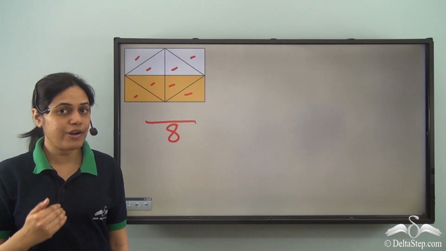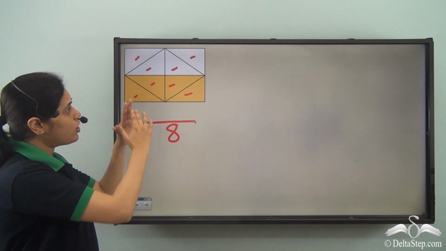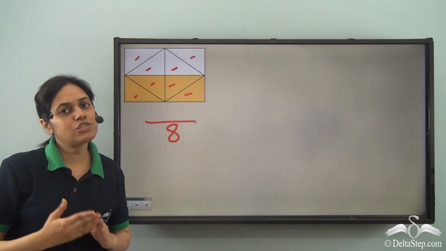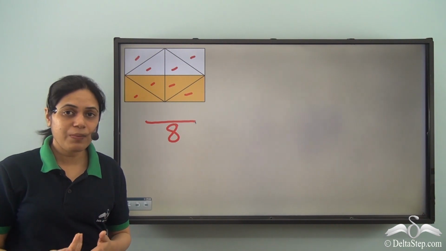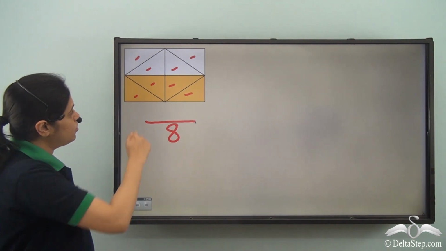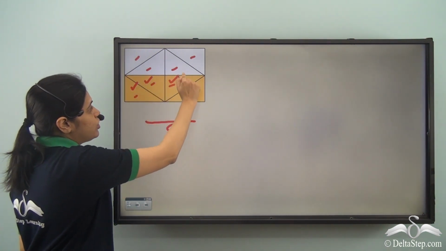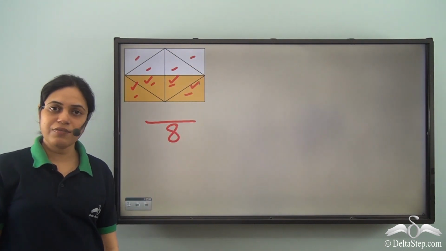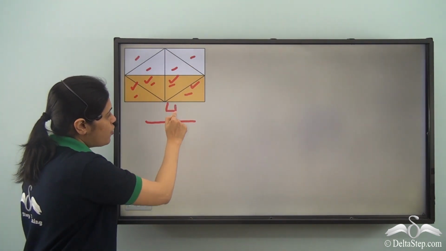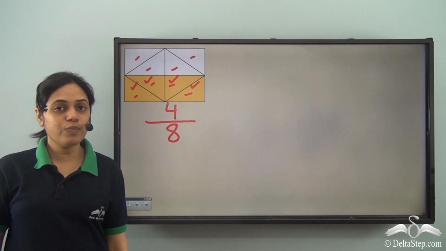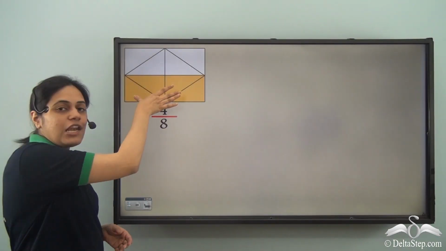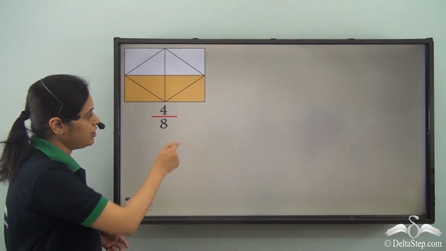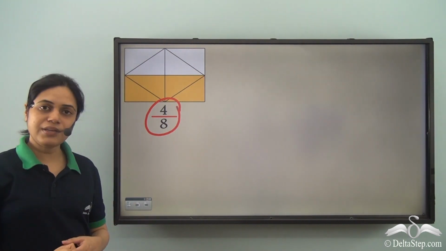Now how many equal parts are colored with yellow? 1, 2, 3, 4 equal parts are colored yellow. So 4 is the numerator. So this fraction is 4 by 8. I can represent this yellow part using the fraction 4 by 8.